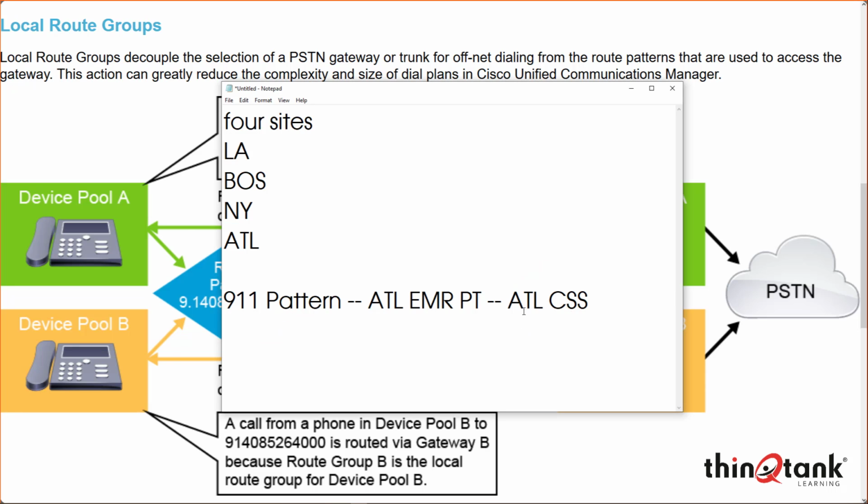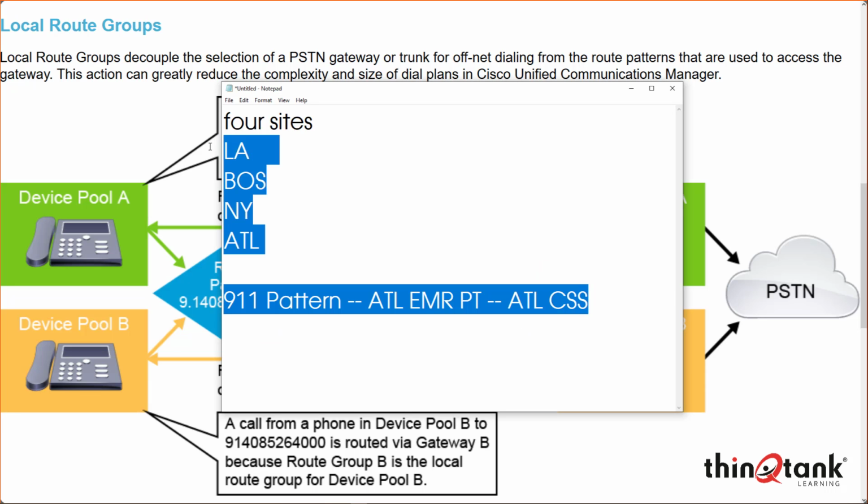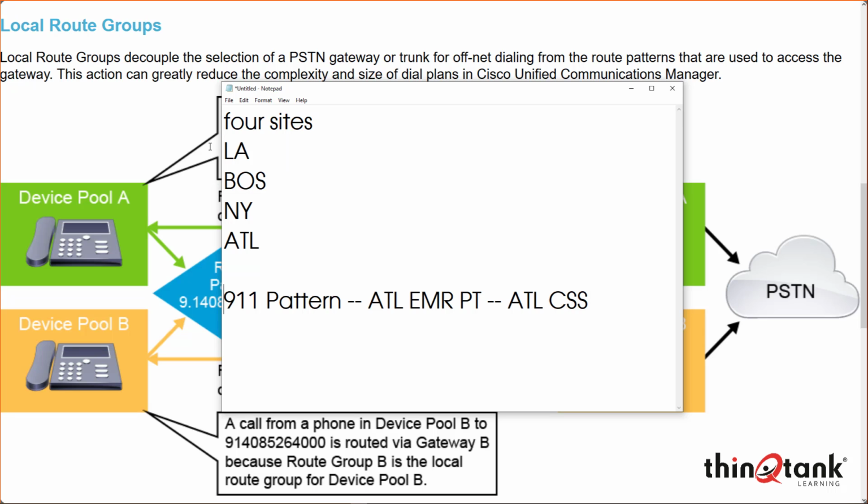So I have a local route group for LA, I have a local route group for Boston, I have a local route group for New York, and I have a local route group for Atlanta.